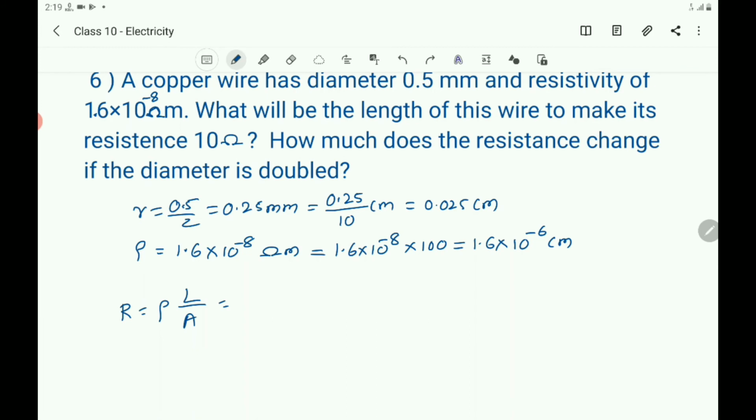Then you write, that implies you must find the value of L. So rho L by A equals R. That implies L you have to solve. So L becomes L equals AR by rho. And A is the area of the cross section, that is pi r square into R by rho.